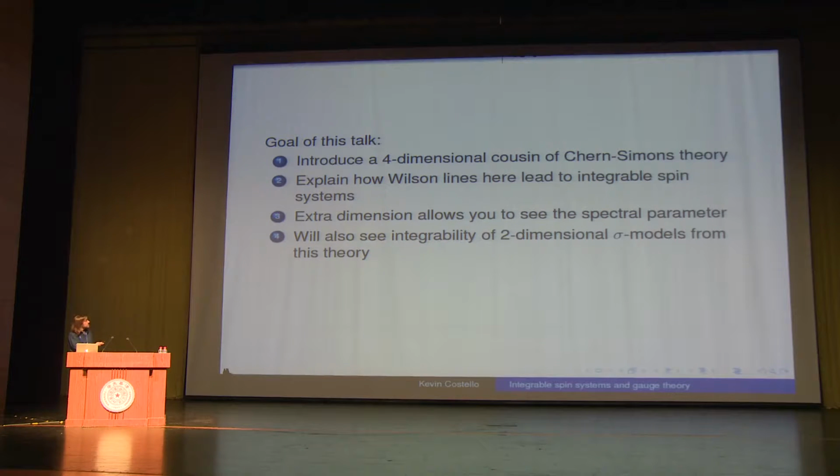But the extra dimension will allow us to see the spectral parameter. Now, I'd also like to talk about some new work we've been doing very recently, which is that one can also see from this four-dimensional theory why certain two-dimensional sigma models on homogeneous spaces are integrable. We'll embed these sigma models as surface operators in this four-dimensional theory.